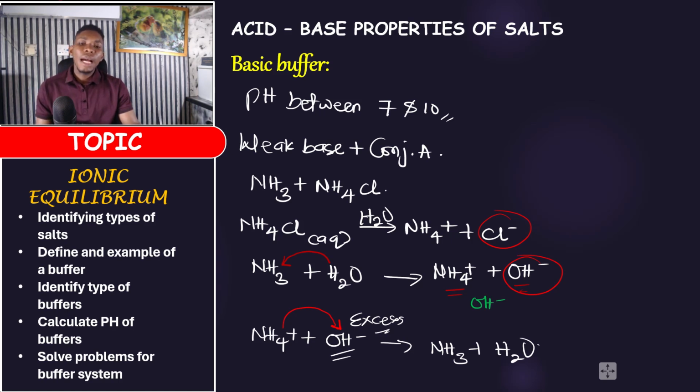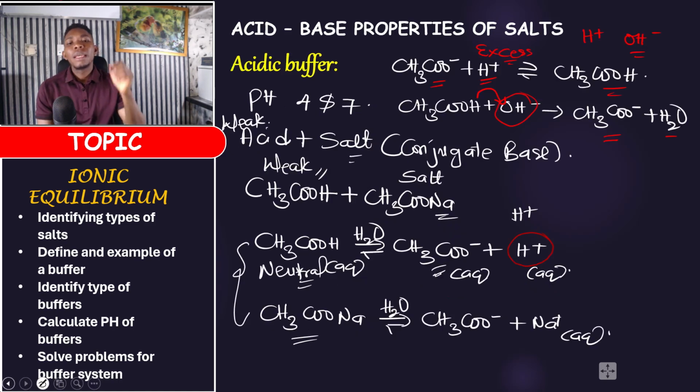The ammonia. Now, you should also know that the weak base will always react with H plus, while the conjugate acid will always react with base, which is OH negative. Why?